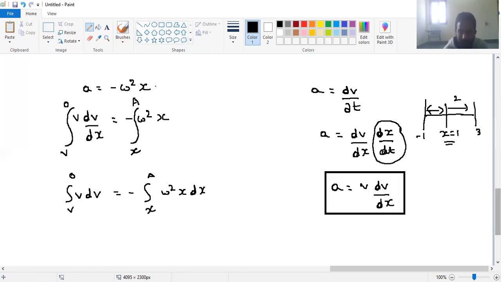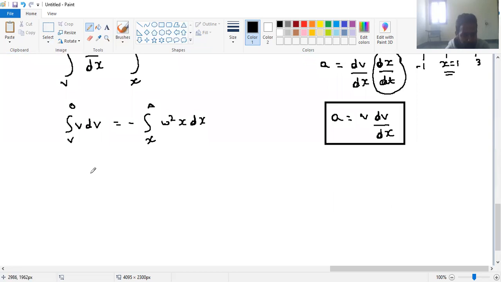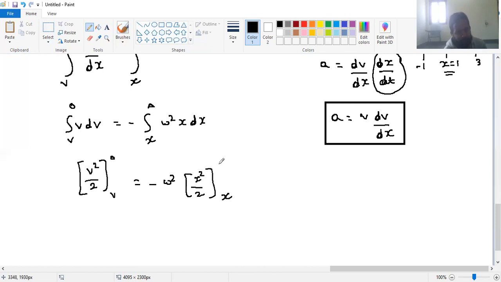So let us go with solving the equation. It will become v square by 2, and I think you are familiar with the integration formulas, is equal to minus omega square into x square by 2, from x to a. So you can directly cancel out 2 and 2.